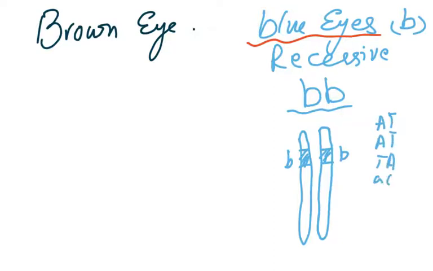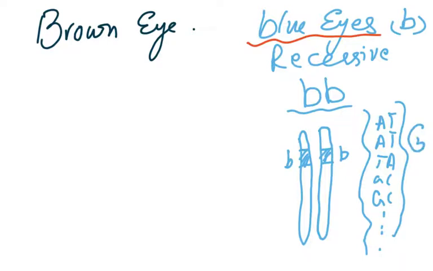And this could be pretty long. This sequence of bases results in the formation of a protein which has a particular shape and which results in the blue pigment being deposited in the iris of the eye. So first of all, you've got to understand that if I say this is the gene for eye color, that gene must be a portion of a chromosome.